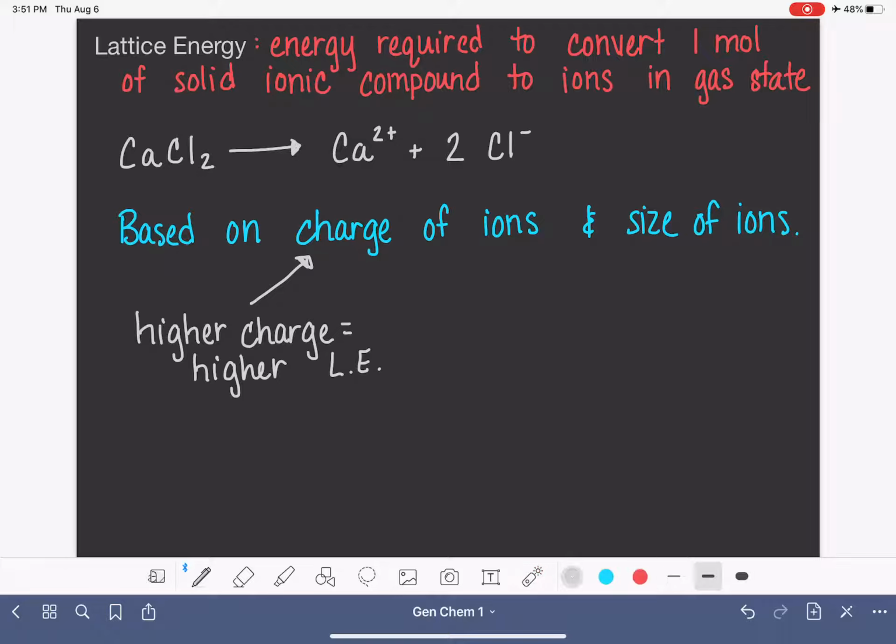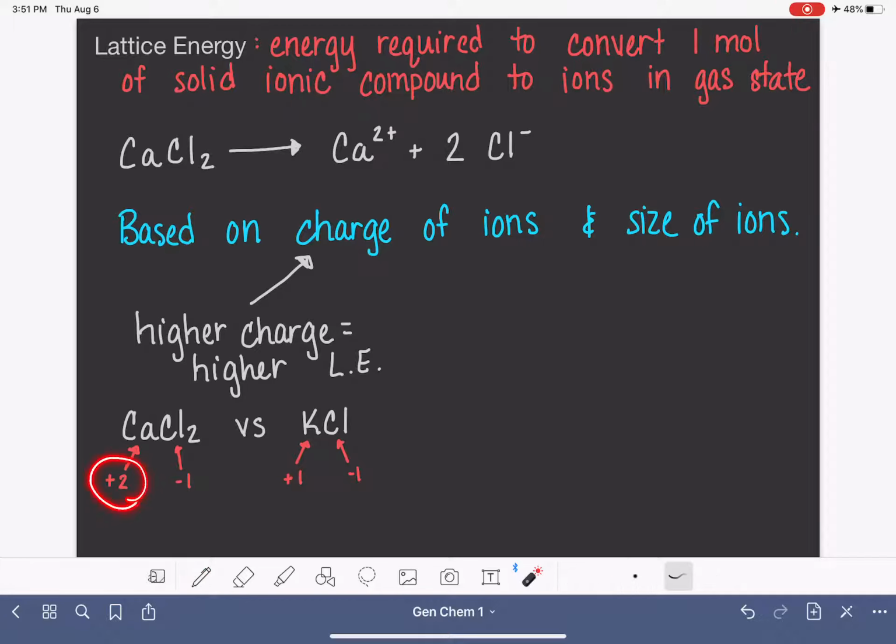So say we were comparing CaCl2, which we have up above, versus something like KCl. In the CaCl2 compound, we have calcium ions with a +2 charge, chlorine ions with a -1 charge. In KCl, we have potassium ions with a +1 charge, and then chlorine with a -1 charge.